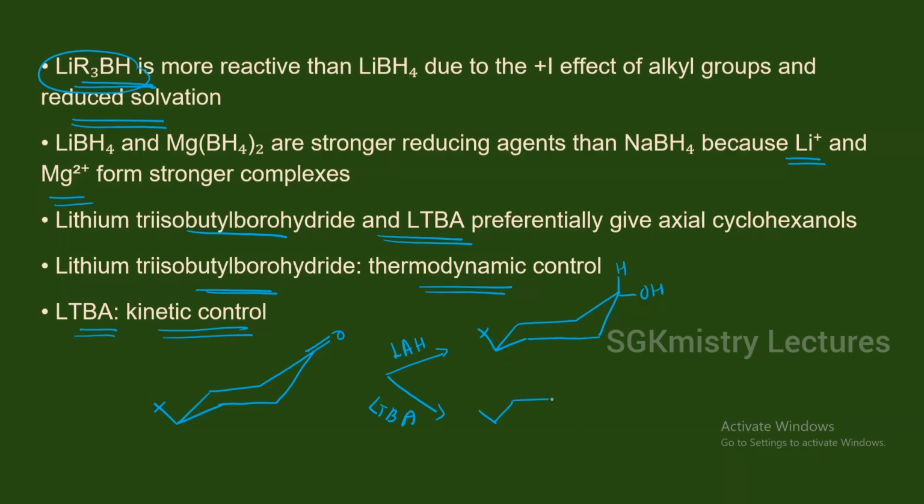Here, this is a major product, I'm writing only the major products. Okay, here again it will be the same, here OH and H, right? So this is how, based on LTBA and LAH, there will be a difference in the formation of products. The product overall will remain the same, but the kinetic and thermodynamic control plays an important role in this particular reaction, right? So it depends on how we change the reagents that are used.